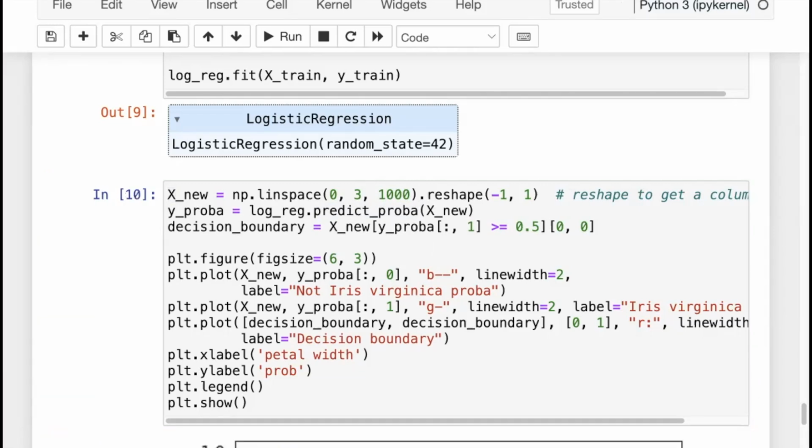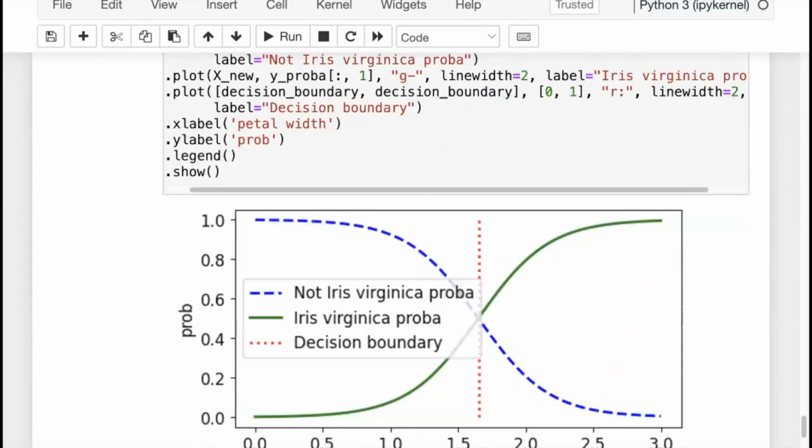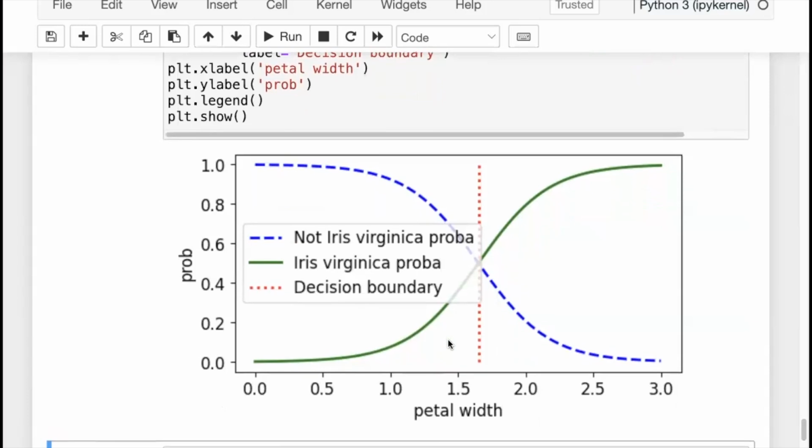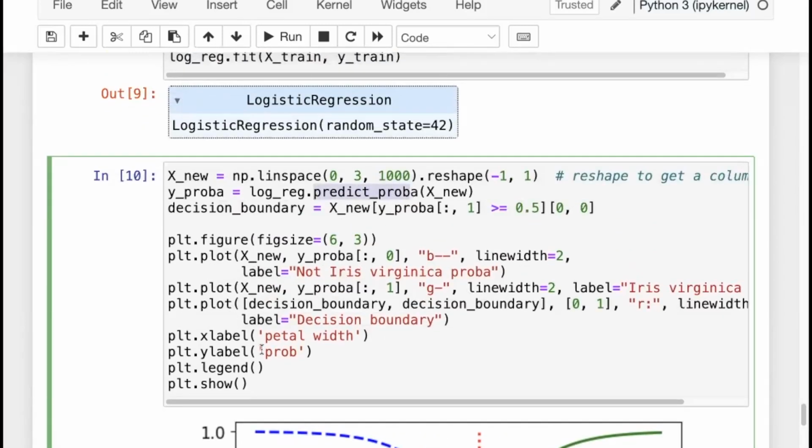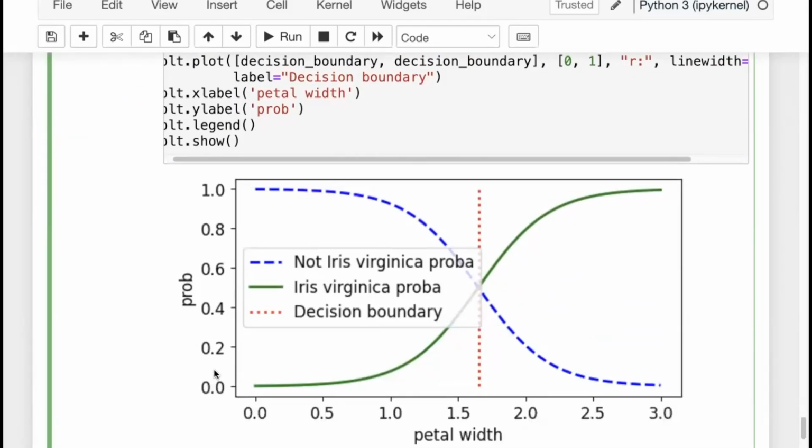And if I run this cell right now, you can see the main idea here, right? We have petal width on the x-axis, which has values from 0 to 3. And then the probability, which we get from this predict_proba, is on the y-axis. And we know that probability is always from 0 to 1.